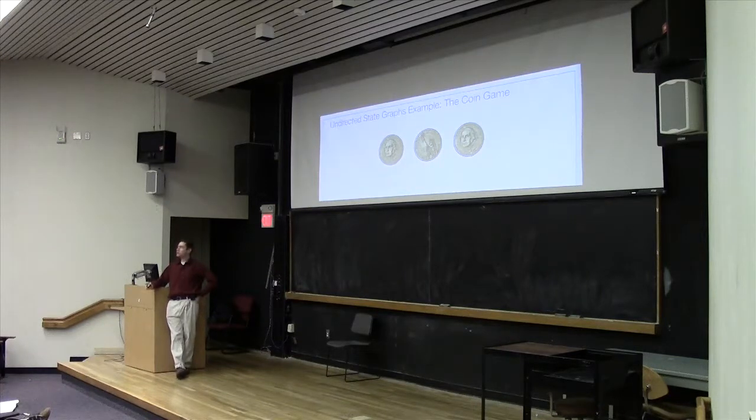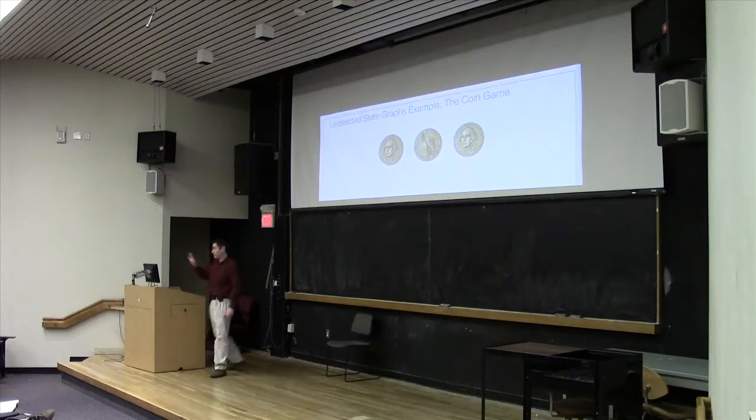We're going to use a graph to talk about a little game. We're going to show how you can use a graph to actually solve this game. Here's the game. You have 3 coins. The first is heads, the one in the middle is tails, and the other one is heads.